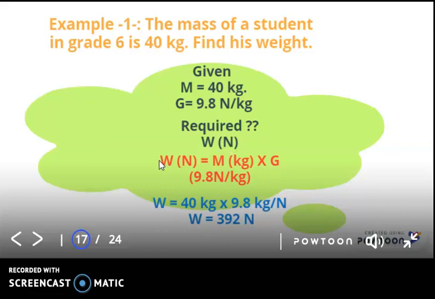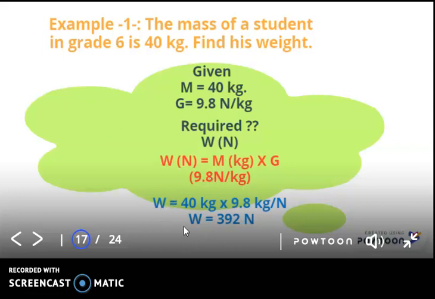Okay, let us now use the formula. Weight, which is W, measured in Newton, N, equals mass times G. We know that mass is measured in kilogram and gravity constant on Earth is 9.8 Newton per kilogram. Okay, let us see.